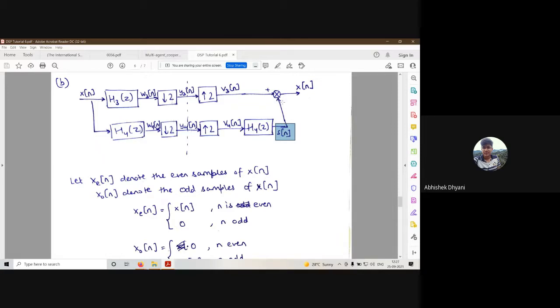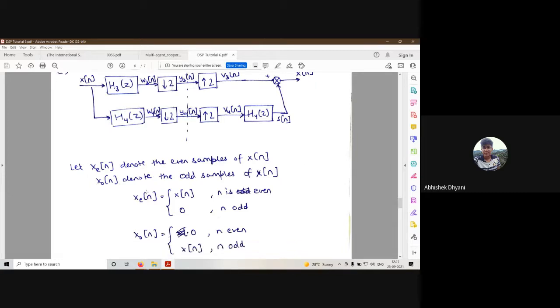So we use these two notations: xen for the even samples of the signal x of n, and xon for the odd samples of x of n. So whenever we say xen, it is nothing but x of n for even n, and for odd values it is simply 0.